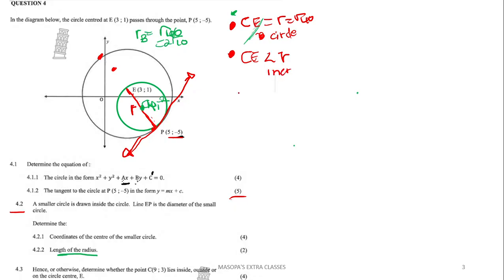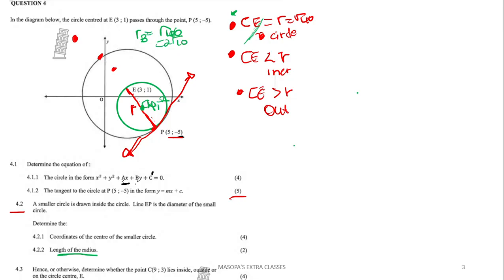Then if the distance between C and E is greater than the radius of our circle, it means that C lies outside the circle. So let's look for the distance.